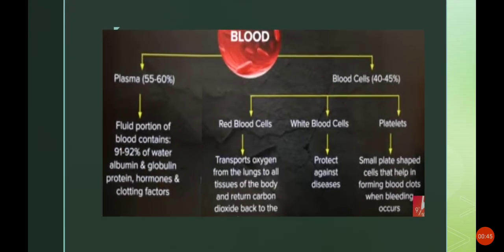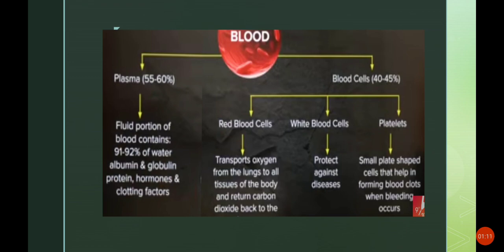The main important component of the transportation system in humans is blood. Blood consists of plasma and blood cells. Blood has plasma around 55 to 60%, and blood cells around 40 to 45%.